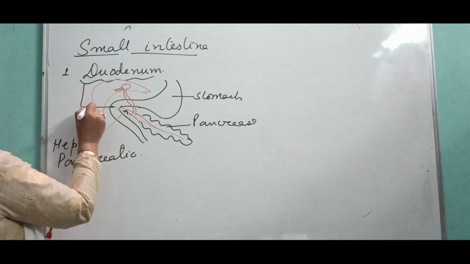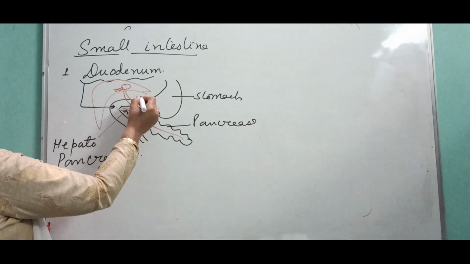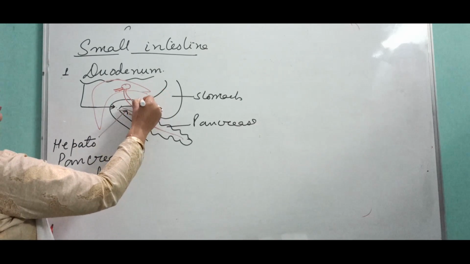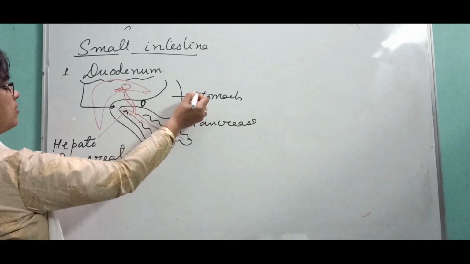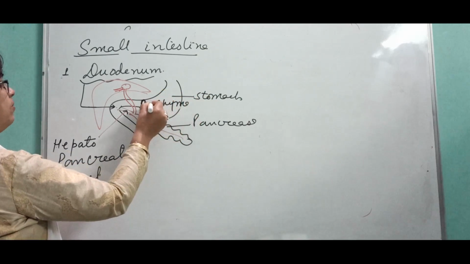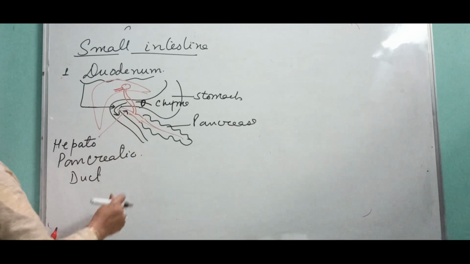This is the duodenum. The food is here now. The part which is in the form of a sphincter is termed pylorus. From the stomach, the food which is converted into chyme will move through the sphincter and ultimately reach this duodenum.